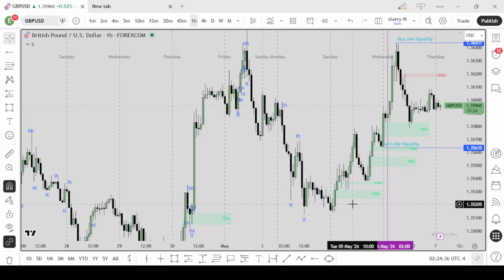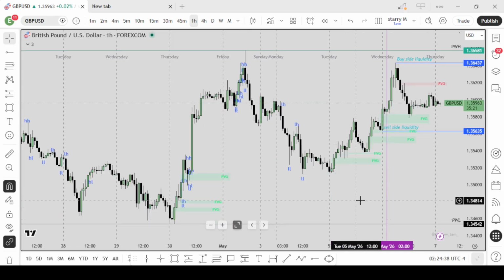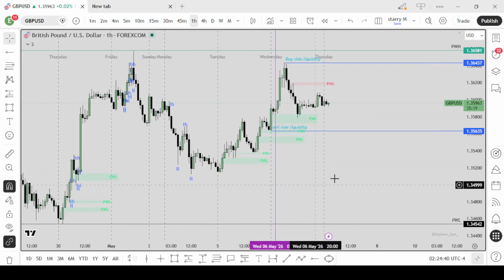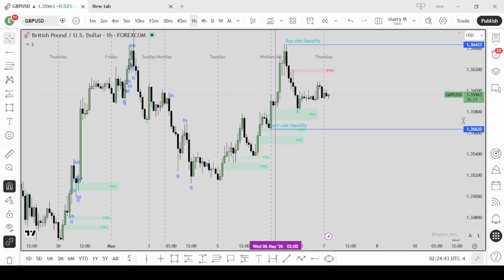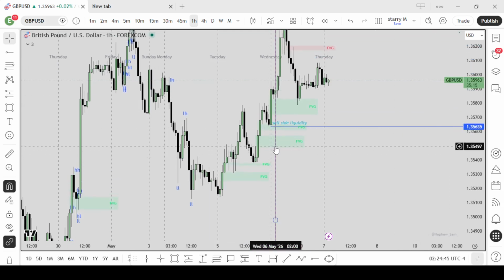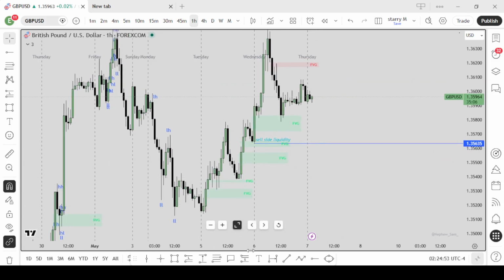In the 4-hour, on the 1 hour, we are going to use this area.